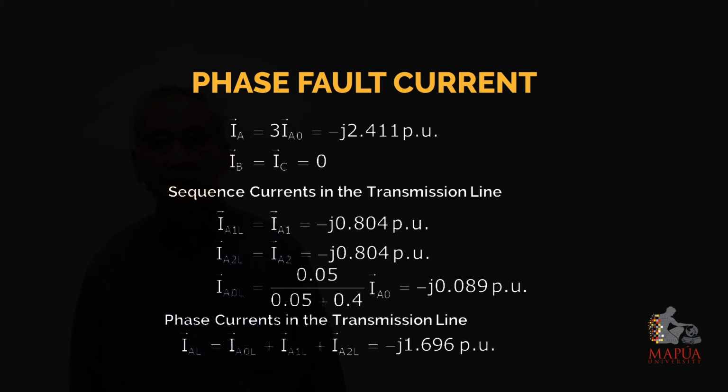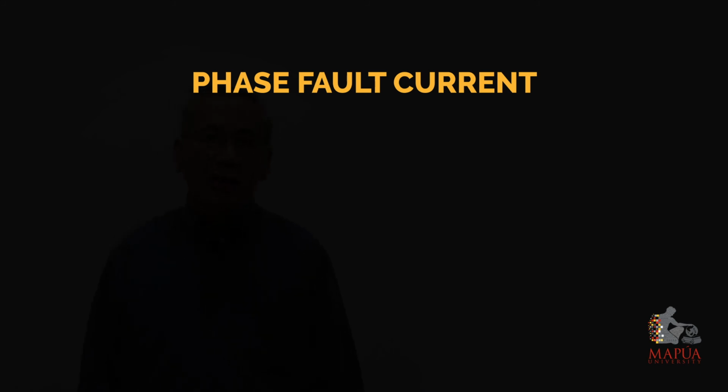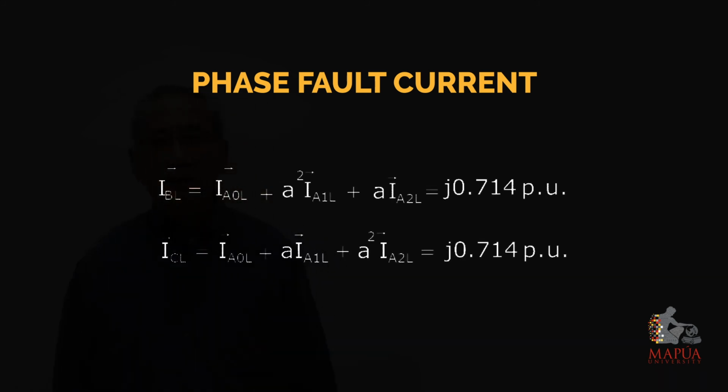Having these sequence currents in the transmission line, we can now solve for the phase currents in the transmission line. IaL is equal to Ia0L plus Ia1L plus Ia2L, and that gives us negative j1.696 per unit. For the current IbL, that will be equal to Ia0L plus a squared Ia1L plus a Ia2L.